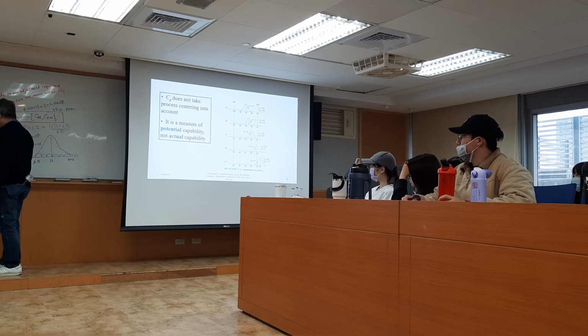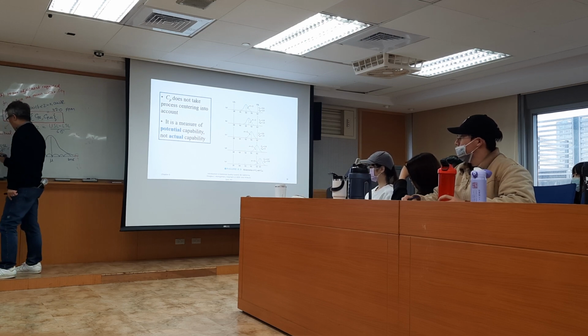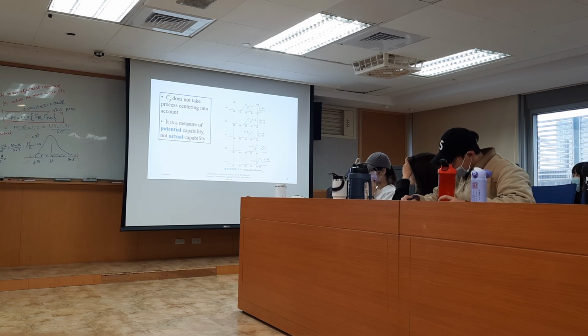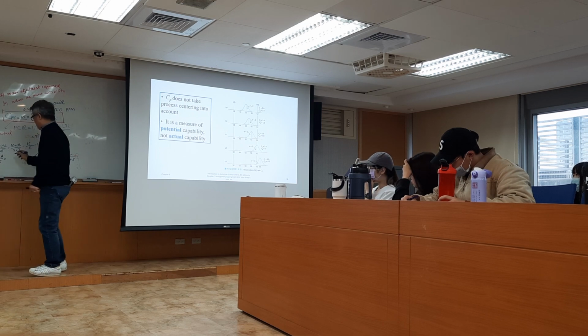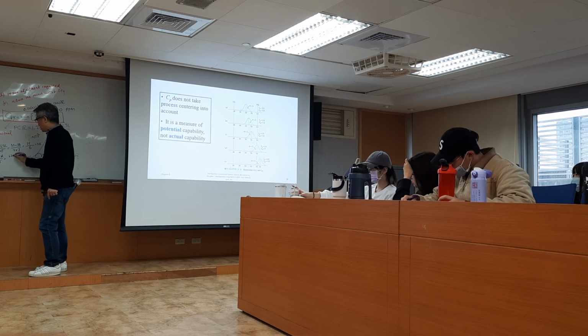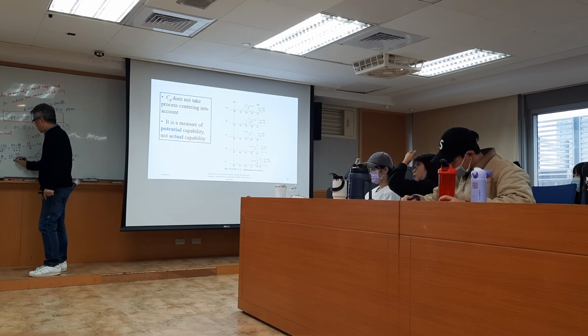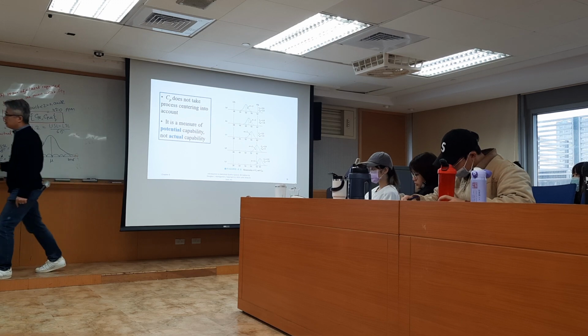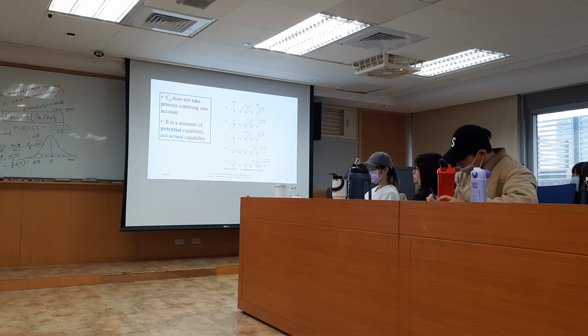And this is the CPU, with the upper specification limit: the upper specification limit minus mu, divided by 3 sigma. The upper is 62, minus mu 53, divided by 6. So this is 9 divided by 6, which is 1.5. So take the minimum of 1.5 and 2.5. So the CPK is 1.5.